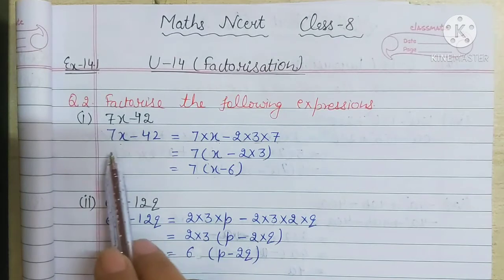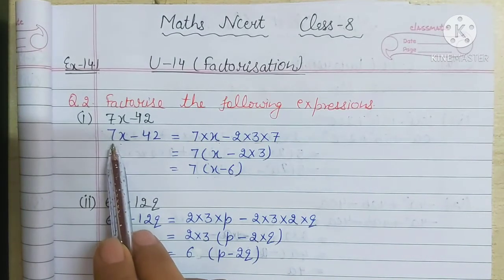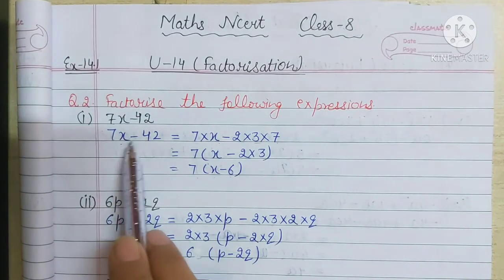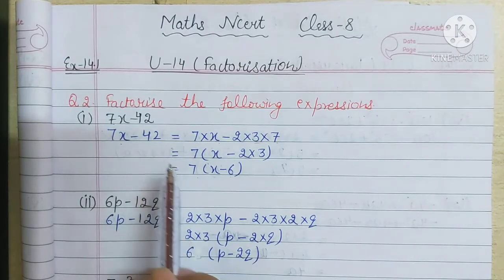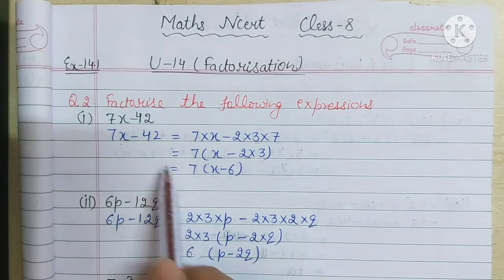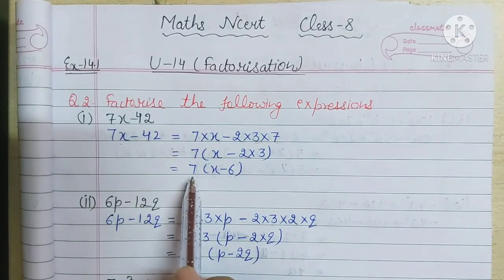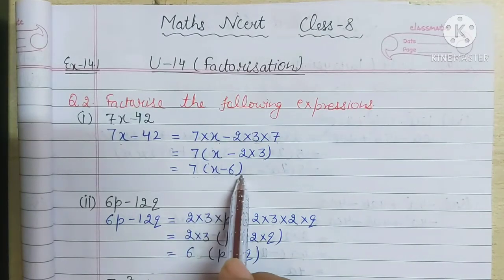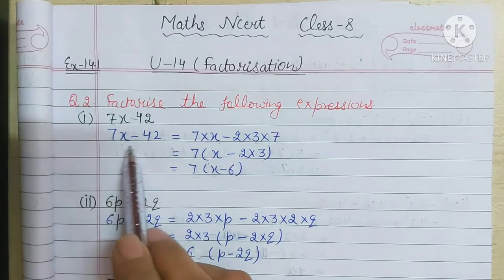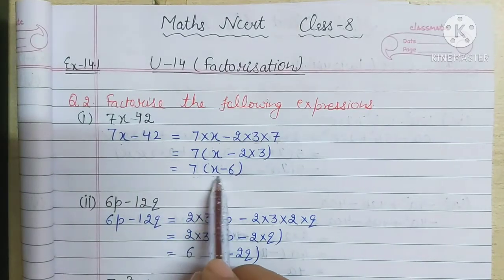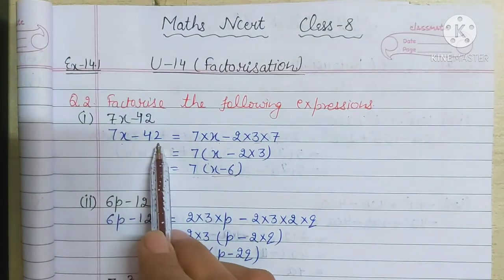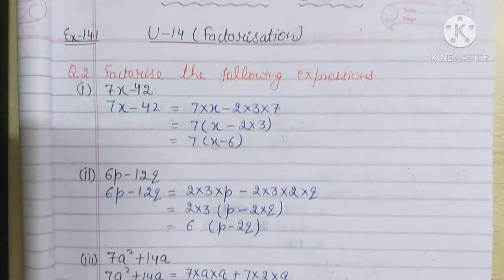So students observe carefully: initially I had the expression 7x minus 42, and after factorization I can write this expression as 7 bracket x minus 6. It means 7 is a factor of this expression as well as x minus 6 is also a factor of this expression.